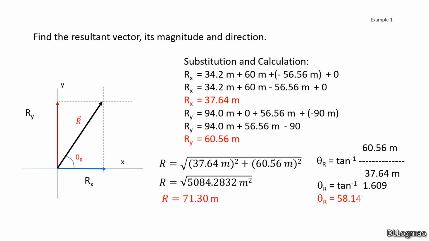Thus, theta sub R is equal to 58.14 degrees. Stating completely the resultant vector, vector R is equal to 71.30 meters, 58.14 degrees. Let's have another example.